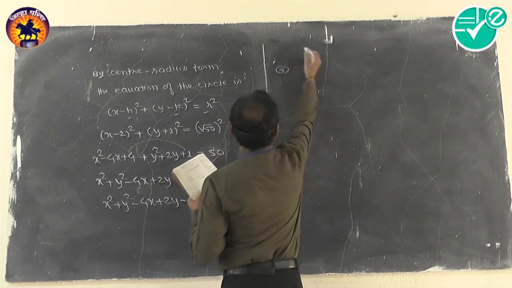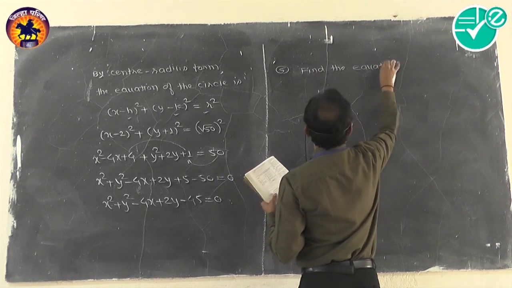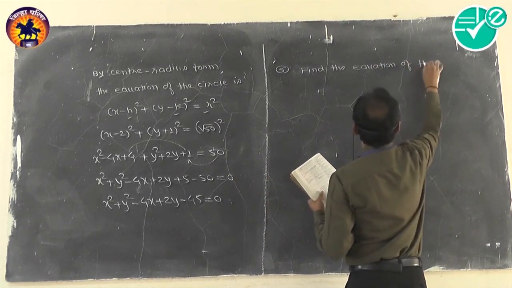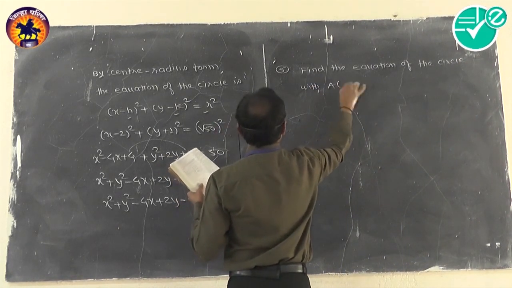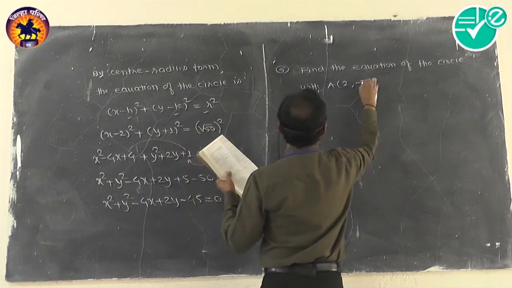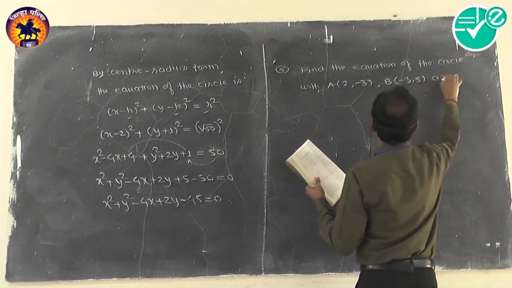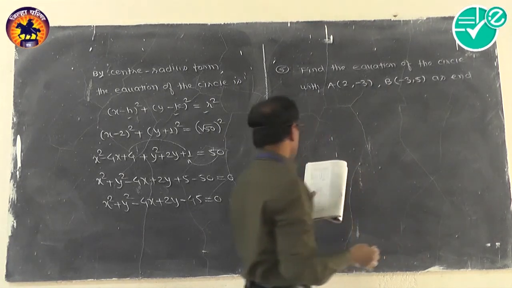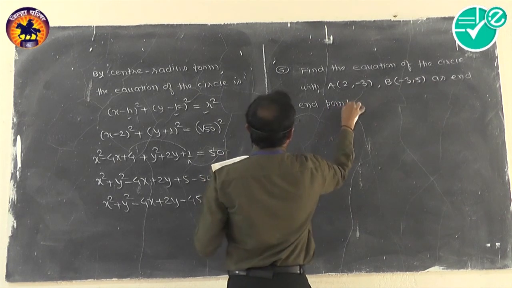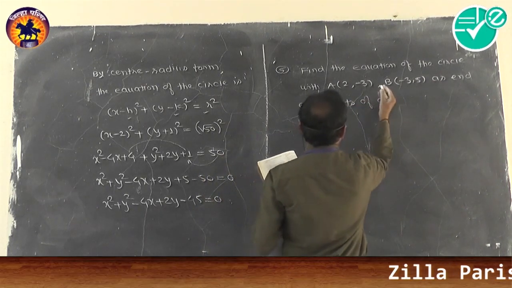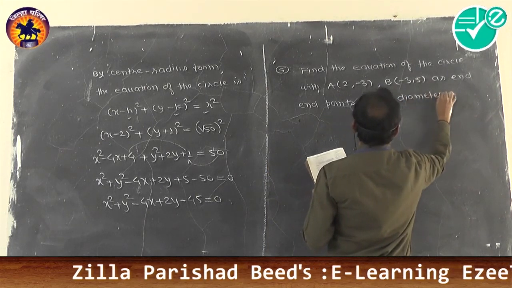Question: find the equation of the circle with A (2, -3) and B (-3, 5) as end points of the diameter.